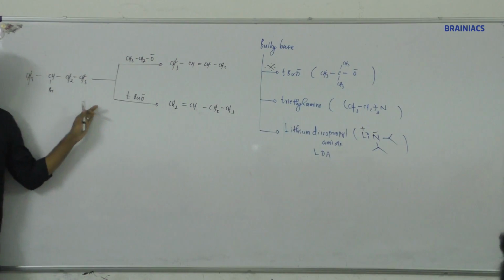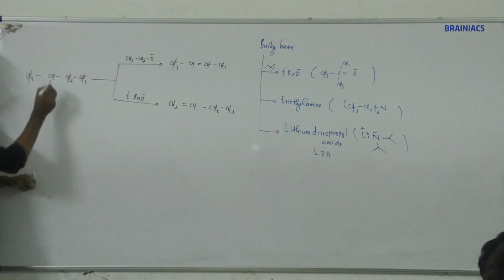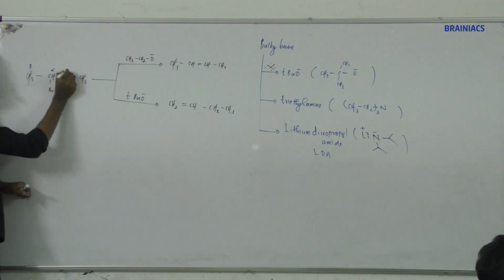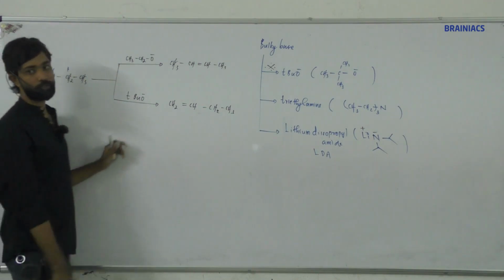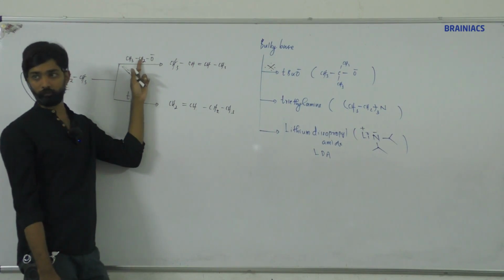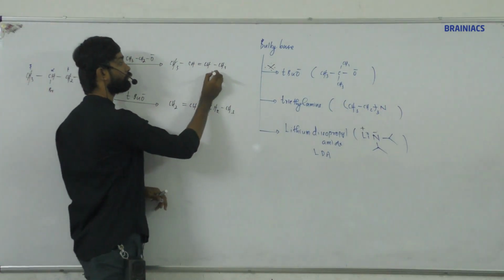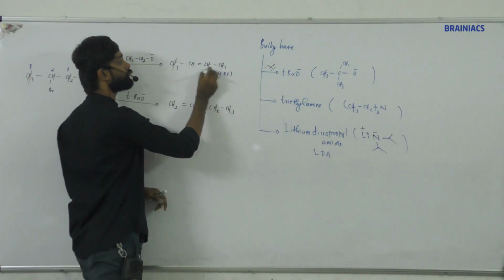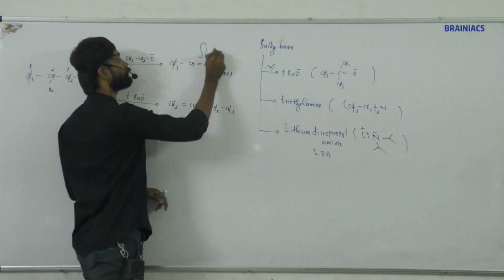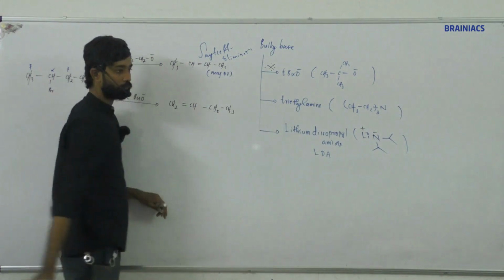So this is your 2-bromobutane ready, and we have 2 possibilities. If the elimination is in presence of a simple base like ethoxide ion, what do you obtain? 2-Butene as a major product, and this is Saytzeff elimination.